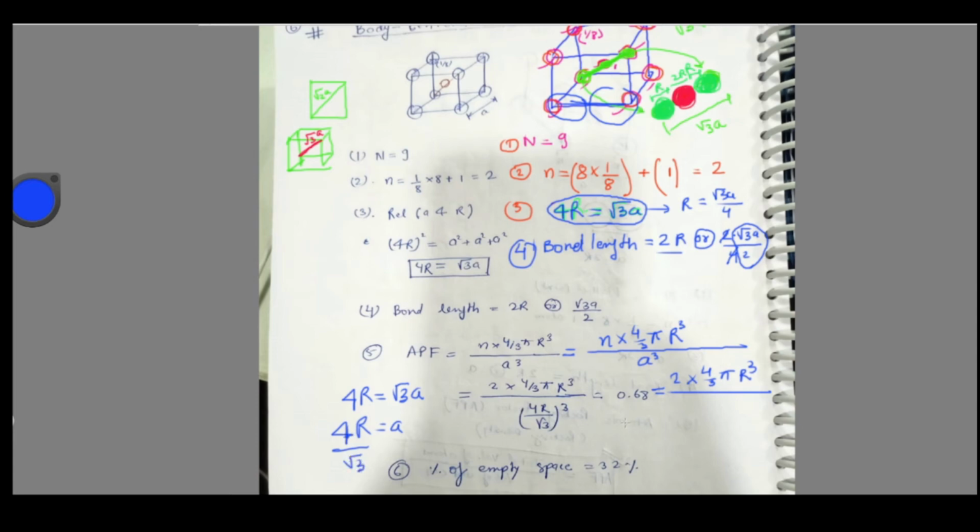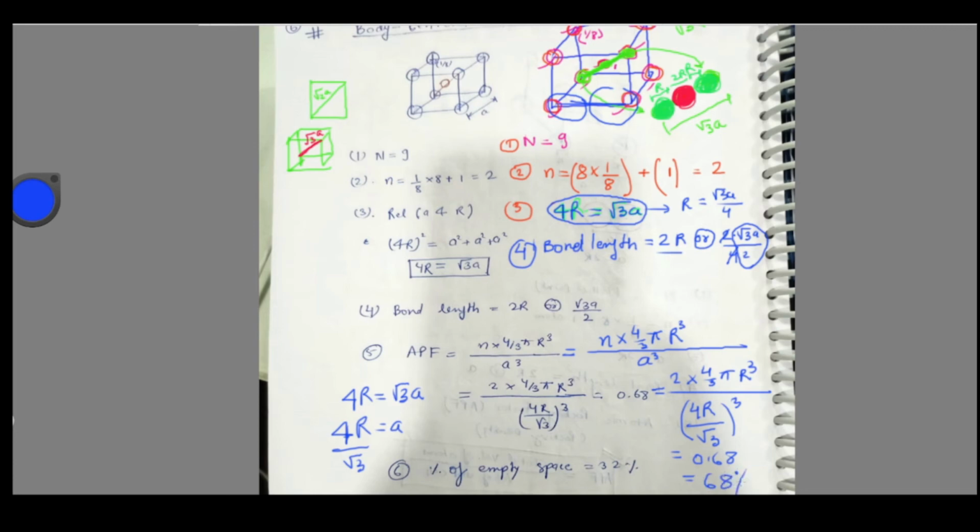Just substitute the value of a, that is 4r by root 3 cubed, and after solving this we will get 0.68, meaning 68% of the atom is filled.